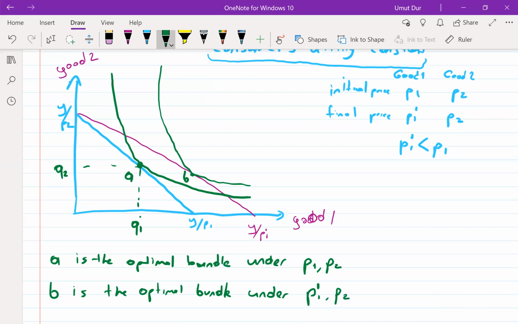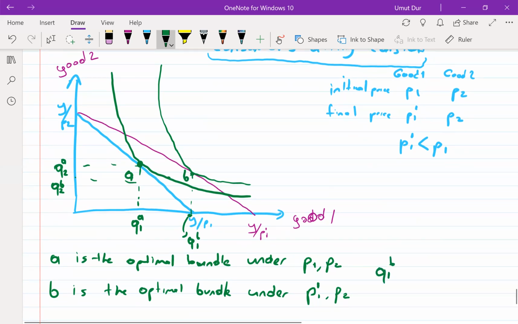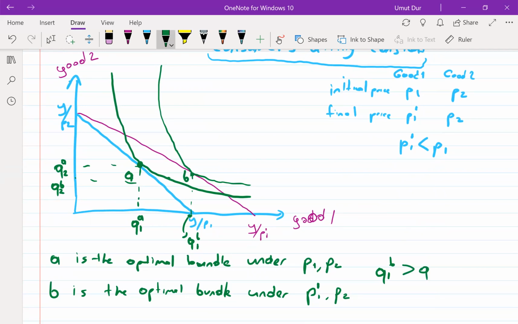Okay, so let's say that this is Q1A, this is Q2A, then the optimum bundle will be here. This point is Q1B, and this point is Q2B. So as you can see from my drawing, Q1B is greater than Q1A, and the difference Q1B minus Q1A is the net effect.